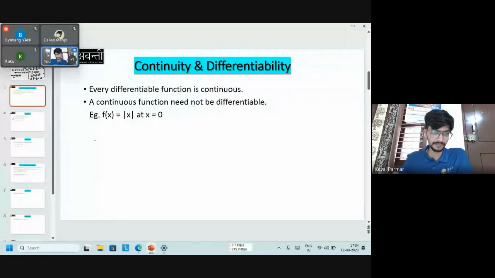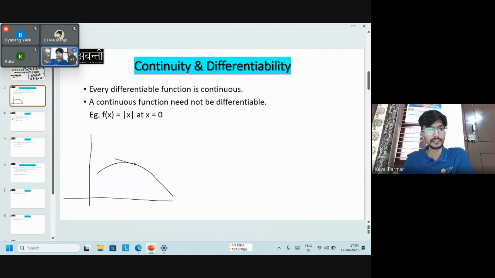Suppose, let's see an example. If I have some graph like this, and at this point I need to draw a tangent. It is very simple. We'll draw a tangent like this.